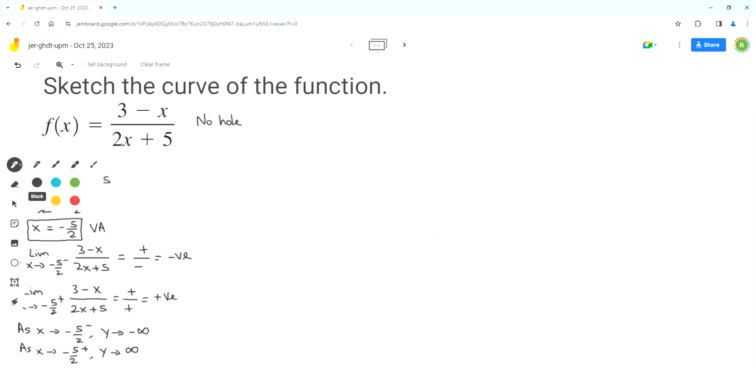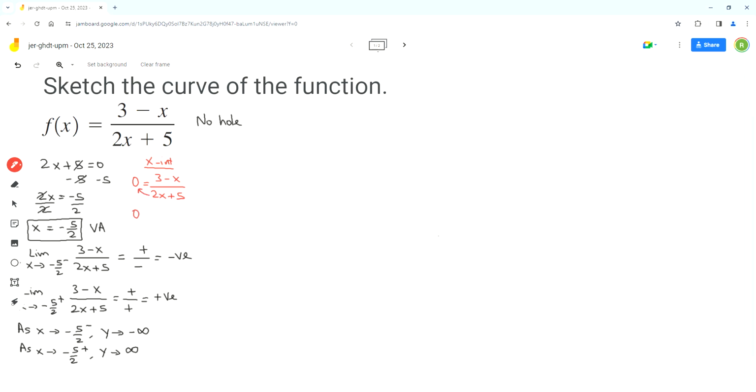Now the next step is to find the intercept for this function. So let's start with x-intercept. For x-intercept, we should sub in the function value as 0 and then solve for x. So now we can cross multiply the denominator.